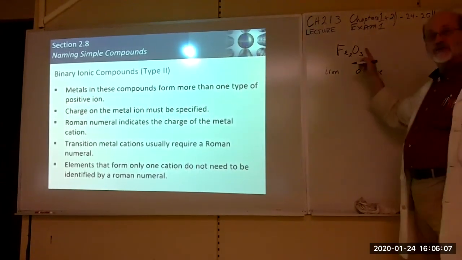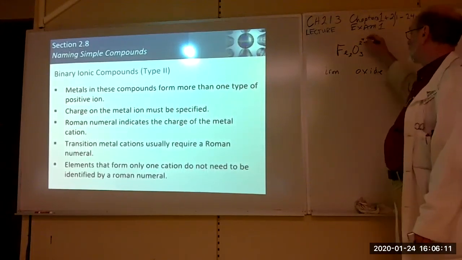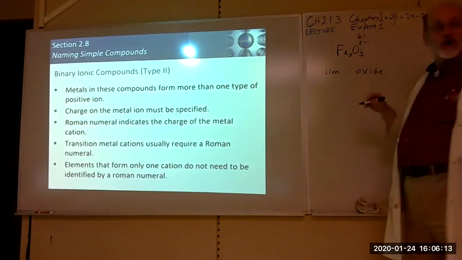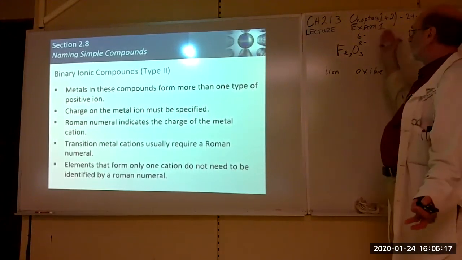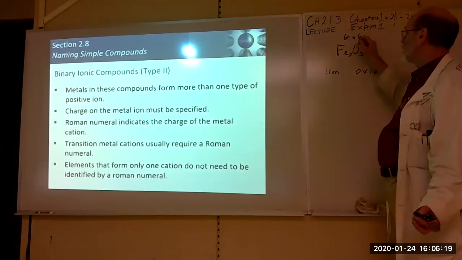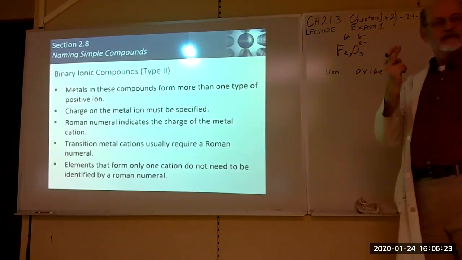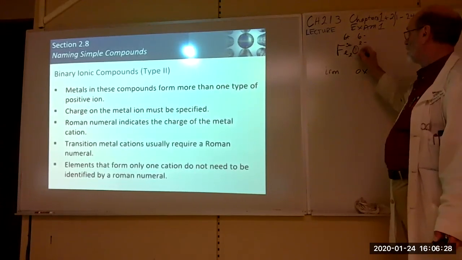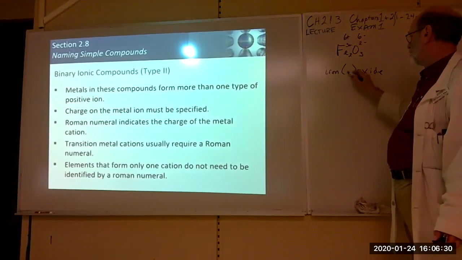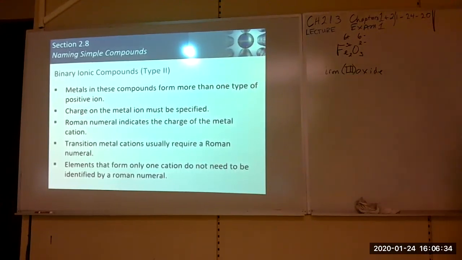We know that oxygen is 2- always. So that means it's a 6- total charge, because you have 3 of them. So you have to balance that with 6+ total from the iron. But you've got 2 irons, right? So each one is worth a 3+. You just put a Roman numeral in there for the 3+.